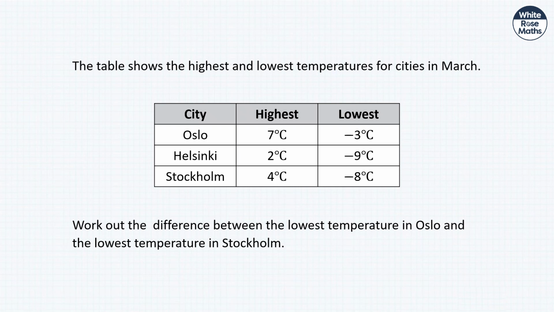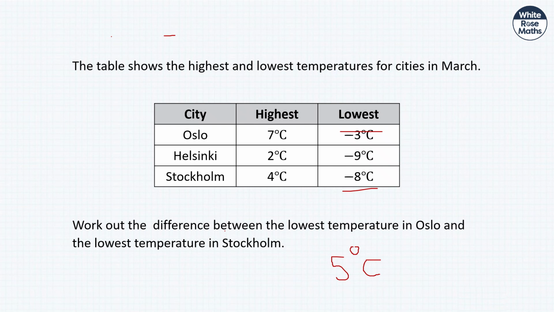There we go. This next one, the table shows the highest and lowest temperatures for cities in March. Work out the difference between the lowest temperature in Oslo and the lowest temperature in Stockholm. The lowest temperature in Oslo is -3, Stockholm -8, so that should be 5 degrees. From -3 to -8.